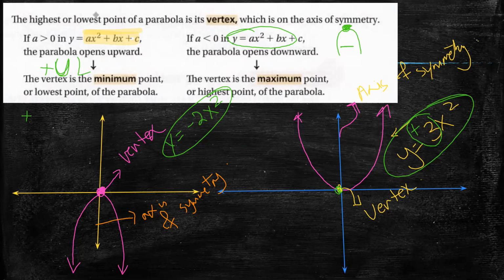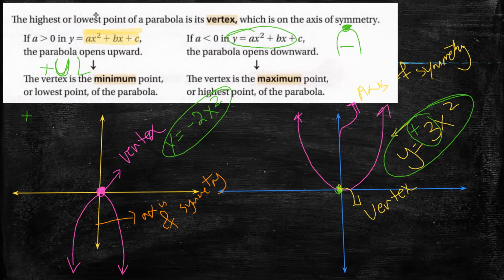That means with positive a, when it opens upward, you start with a small point and it becomes greater. But with negative a, you start with the highest point and it becomes lower.